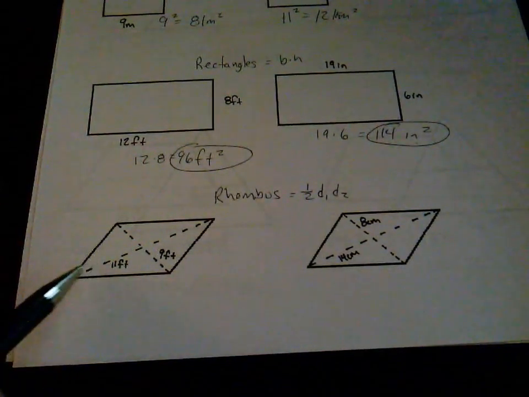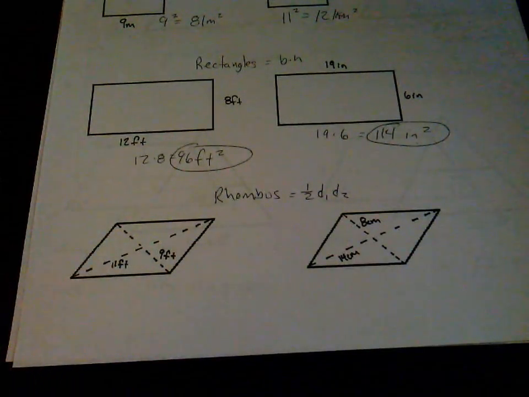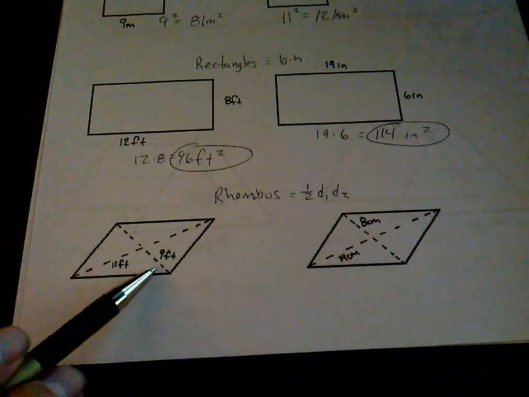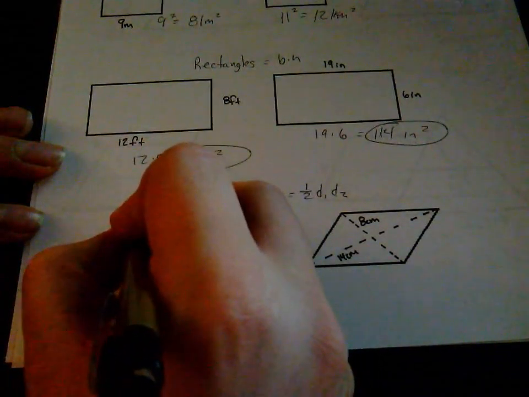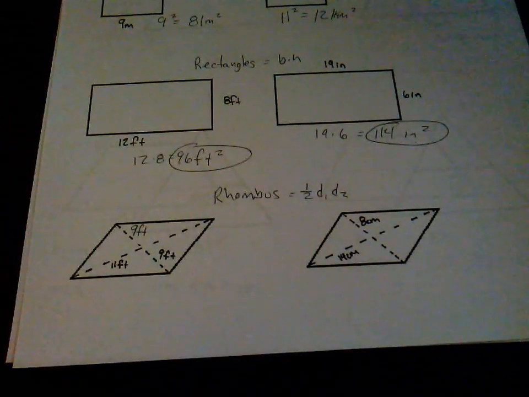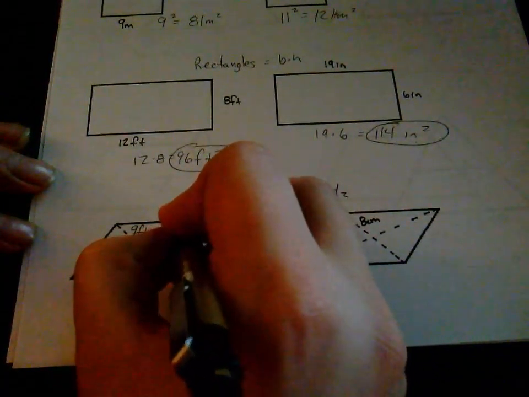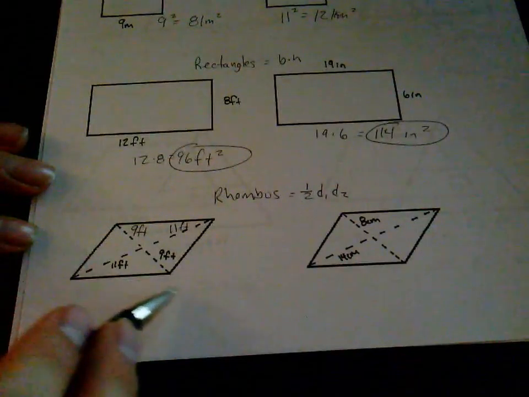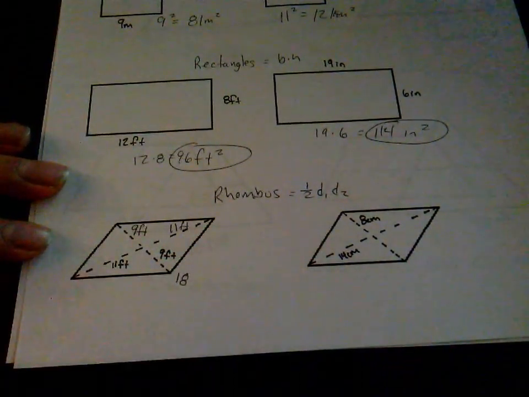Now, what we know about diagonals is that they bisect each other, meaning they cut each other in half. So if I give you half the diagonal, you figure out the other half by saying, if it cuts it in half, the other half has to be the same. So that would be 9 feet on that side, 11 feet on this side. The whole thing should add up to give you 18.